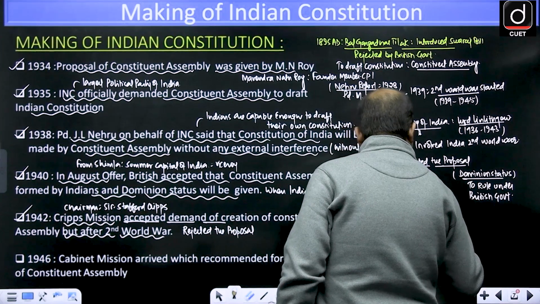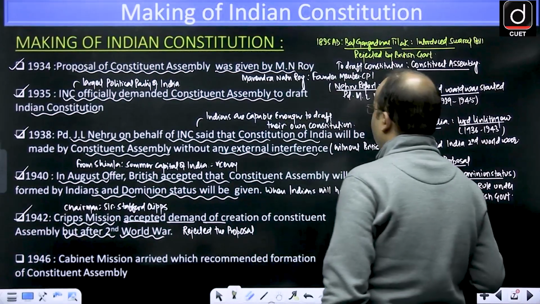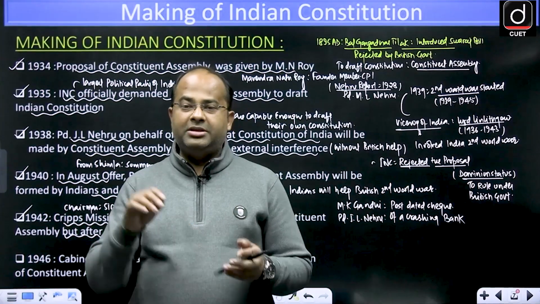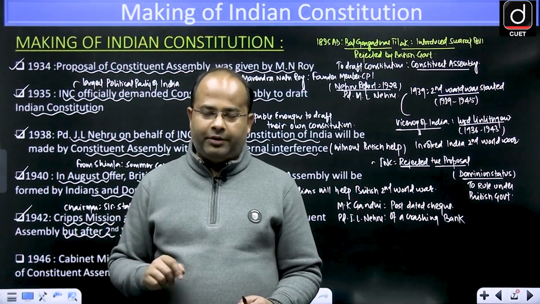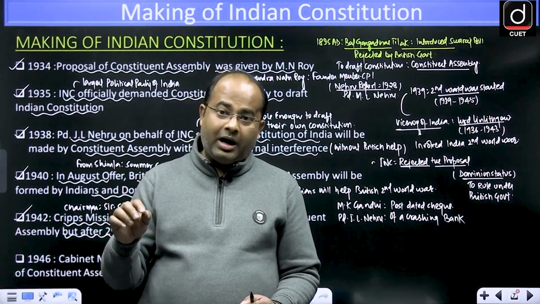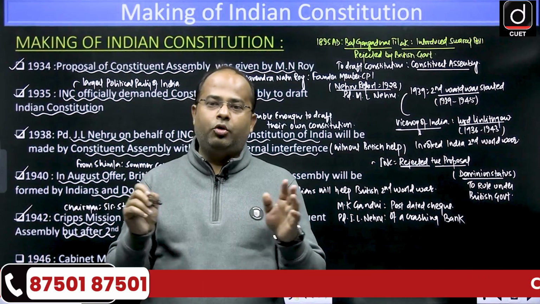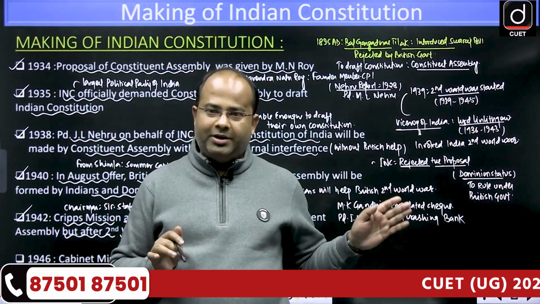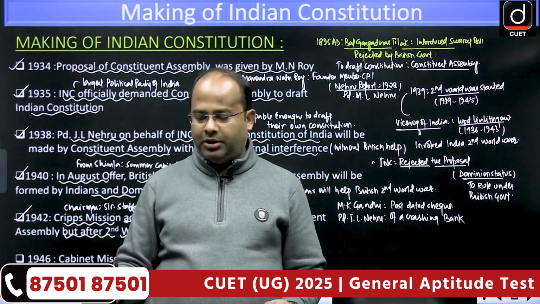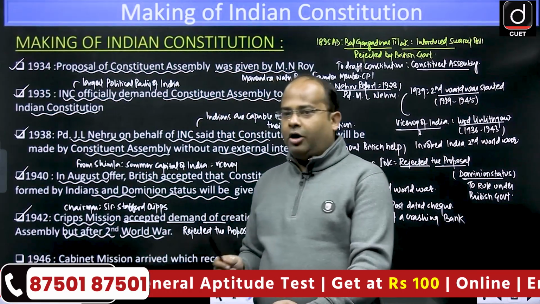Why did Gandhiji call it a post-dated cheque? Post-dated cheque means the cheque that contains a future date of delivery. This Cripps mission was offering dominion status, but after the Second World War, and when the Second World War was going to end was not known to anyone at that point of time, because we are talking about 1942. At that time none of the people knew when this World War would end. And of a crashing bank.